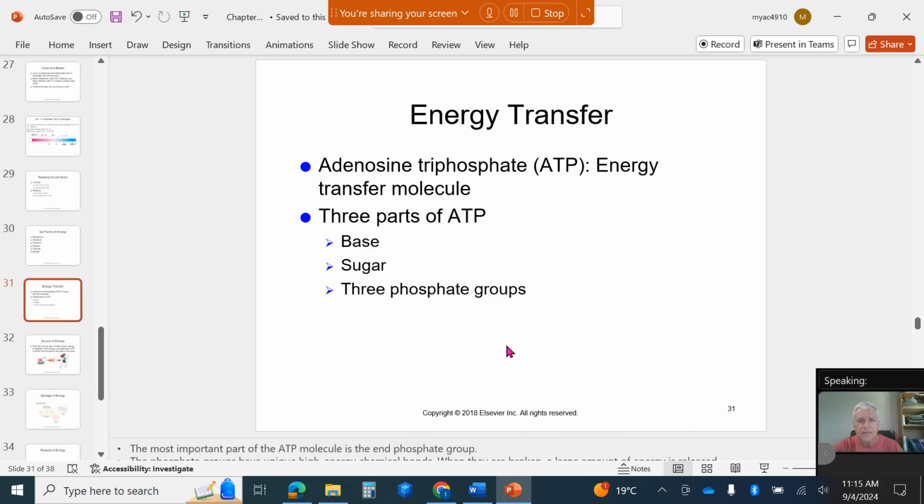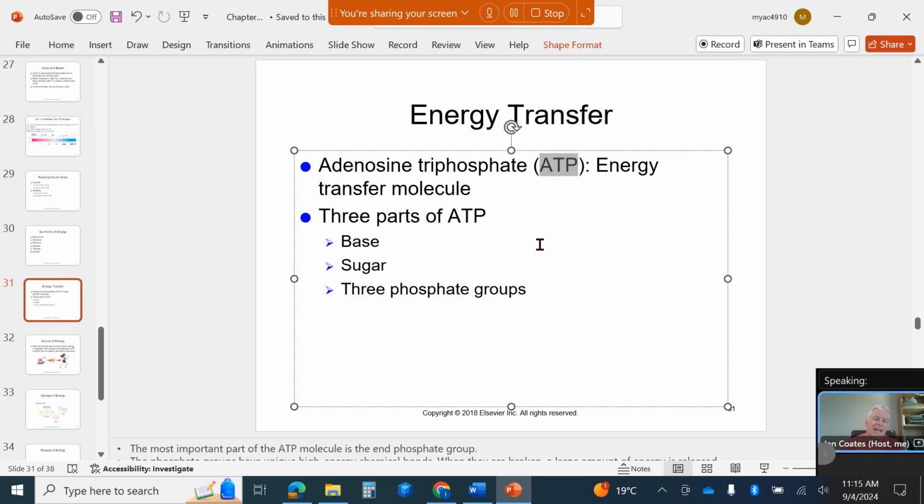Okay. Energy transfer, this one here, ATP, adenosine triphosphate, because there's 3 of those. Remember those phosphate PO4 molecules that we saw up top and a couple slides ago? This is our energy currency.